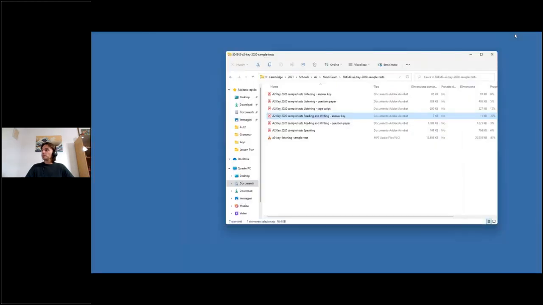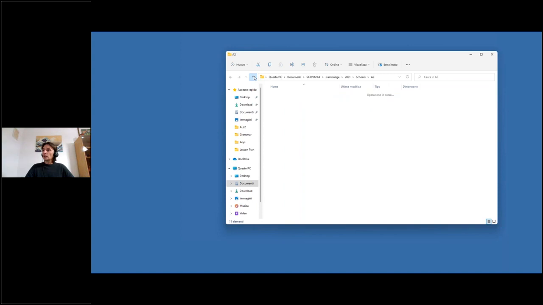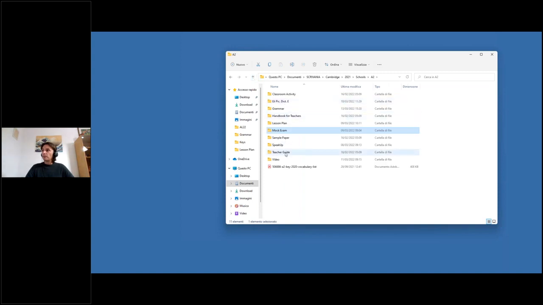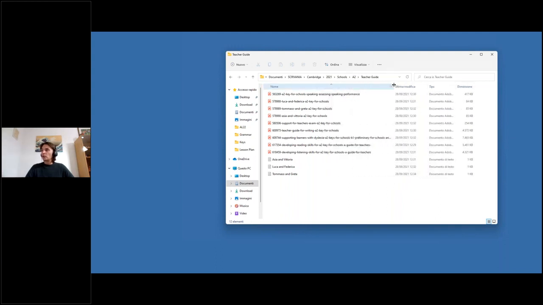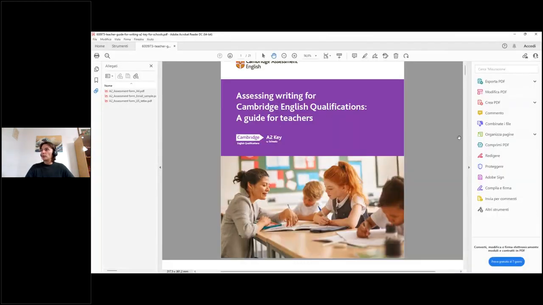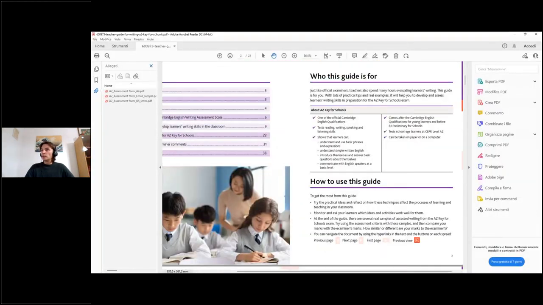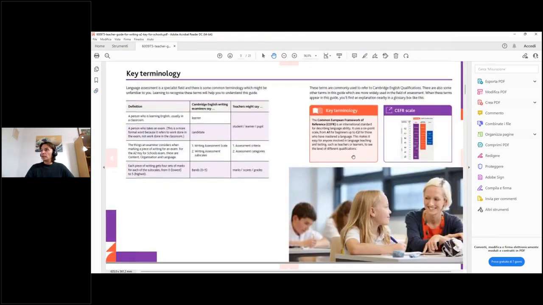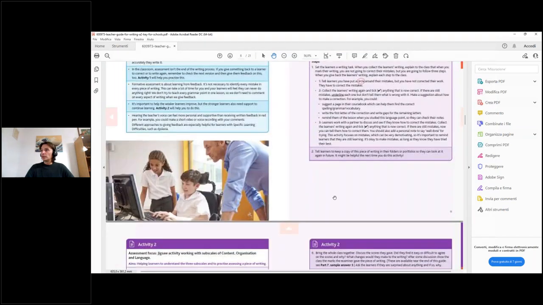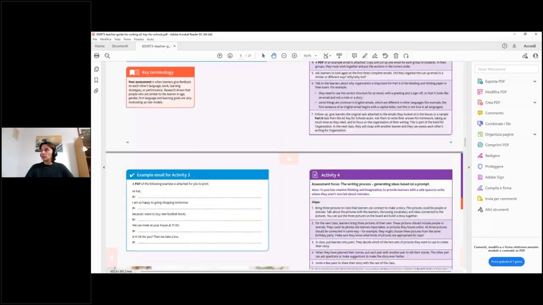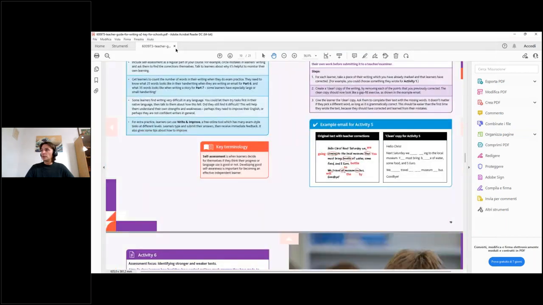Now I would like to show you the same guide that we looked at the beginning of our course, and it should have been the teacher's guide, I think. Let me see if it was this one. Okay, how to use this guide, key terminology, understanding, activity 1, activity 2, activity 3, activity 4, activity 5.